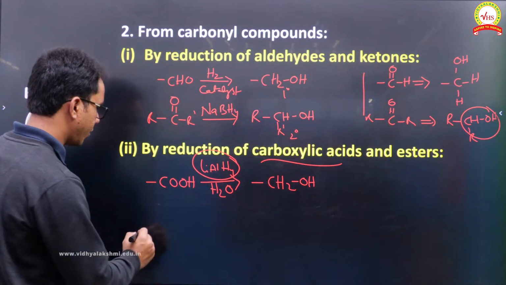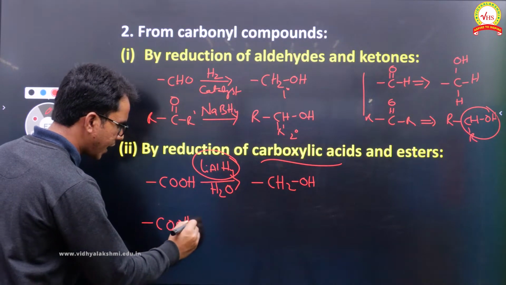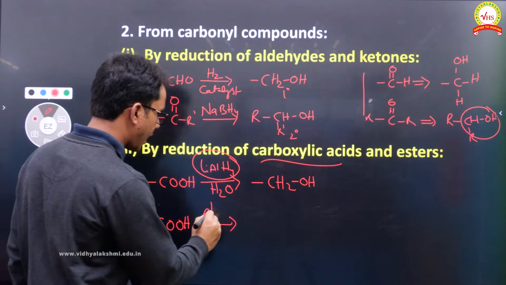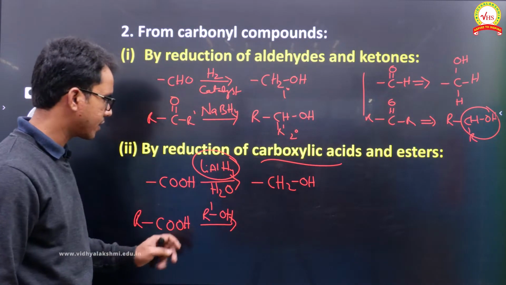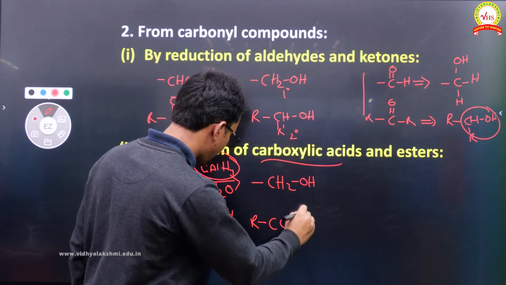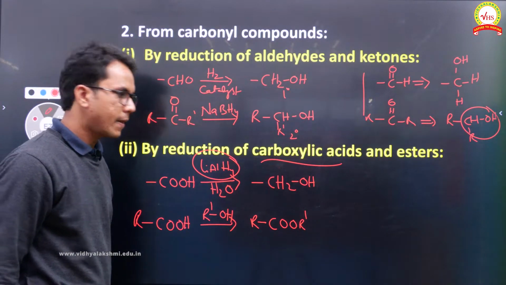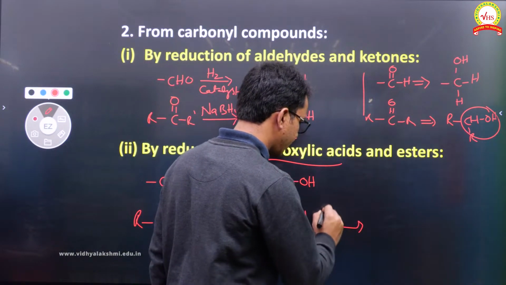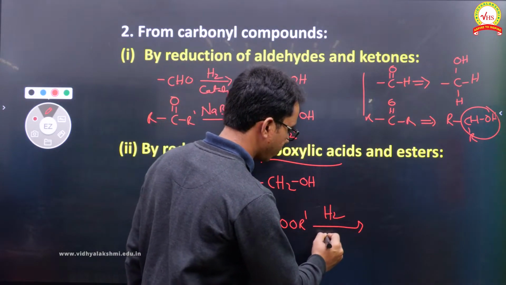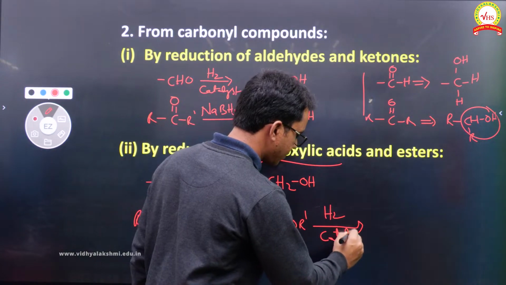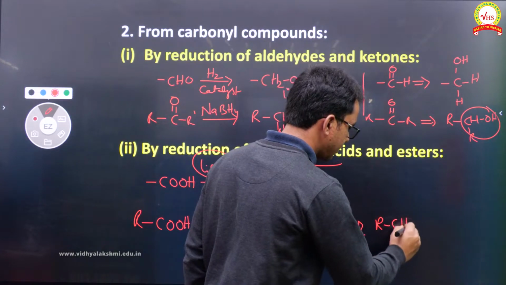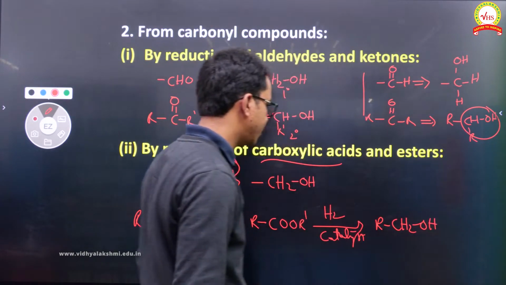So what we do is take the carboxylic acid in the presence of an alcohol. We know that the reaction between a carboxylic acid and an alcohol gives an ester, RCOOR dash. This ester, on further reduction by catalytic hydrogenation in the presence of a catalyst, turns into the respective alcohol, RCH2OH.